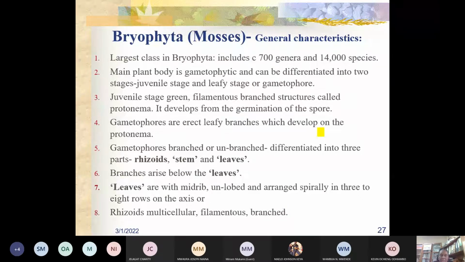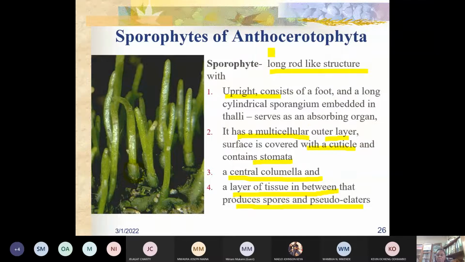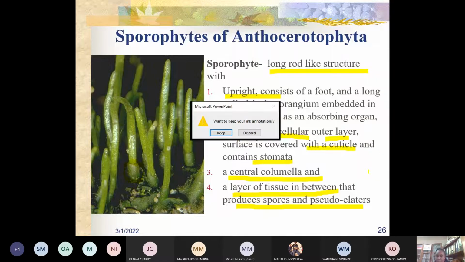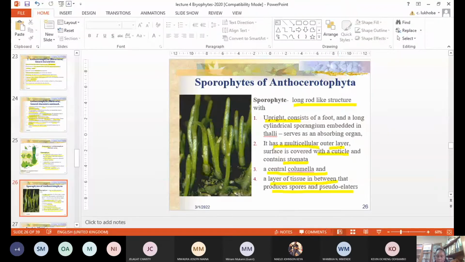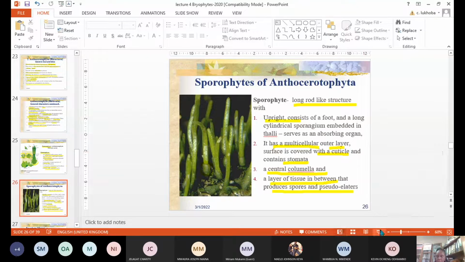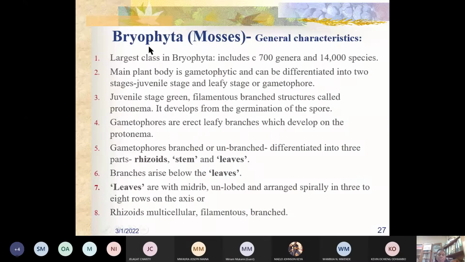So, okay, that brings us to the end of the Anthocerotophyta group. Okay, so we'll move on to the next group, which are the Bryophyta, the moss group, the moss.